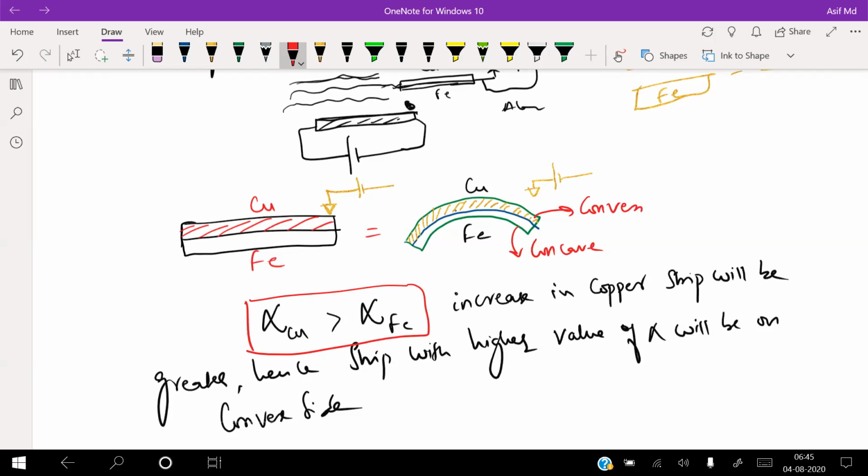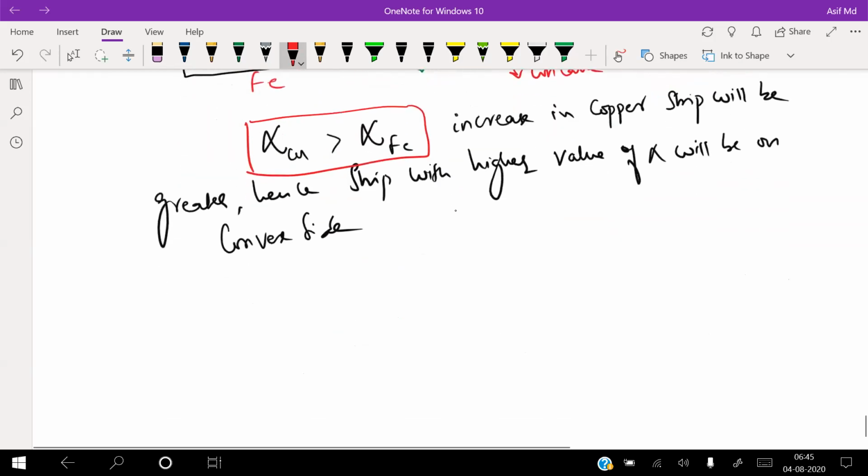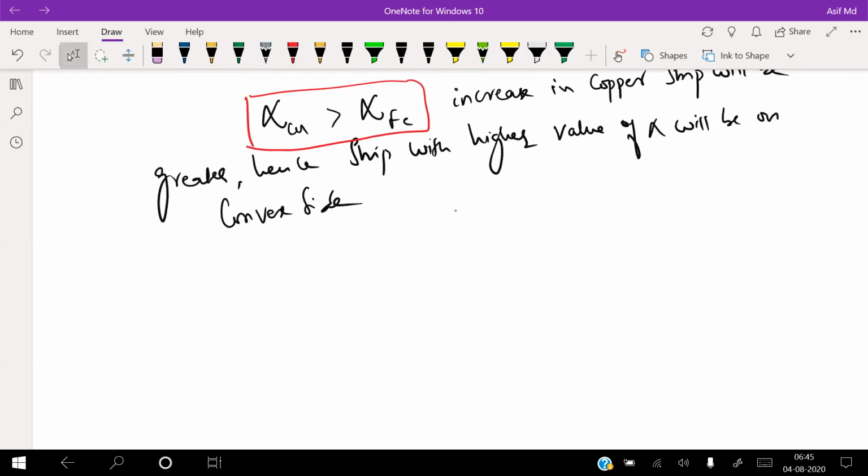Let us go for the next one, that is the radius of curvature of the bimetallic strip. How exactly do we calculate the radius of curvature? Take the next side heading: radius of curvature of bimetallic strip.